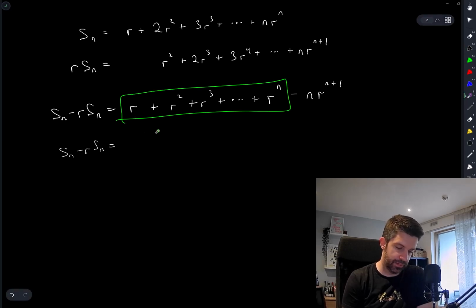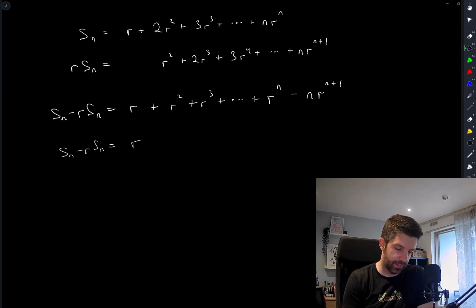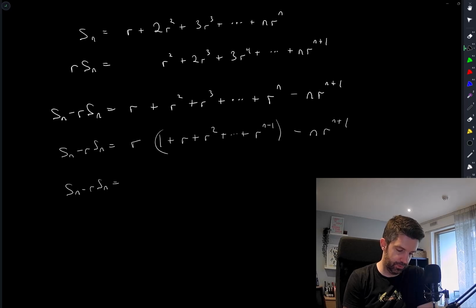I mean, the fact that we have just a standard geometric series here. So if I factor out an r, I get 1 plus r up to r to the n minus 1 minus n r to the n plus 1. So this is r times 1 minus r to the n over 1 minus r.